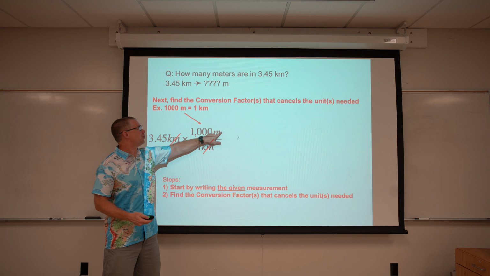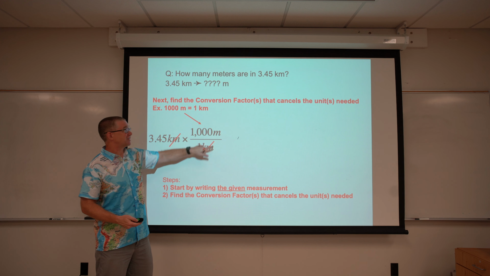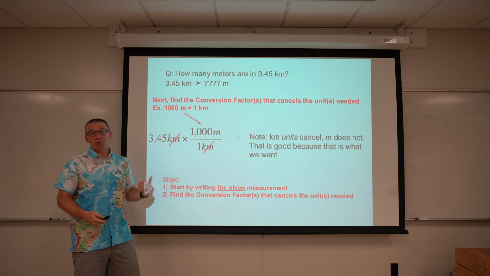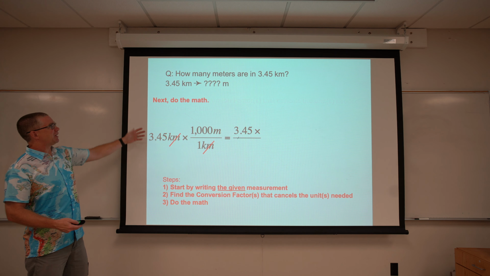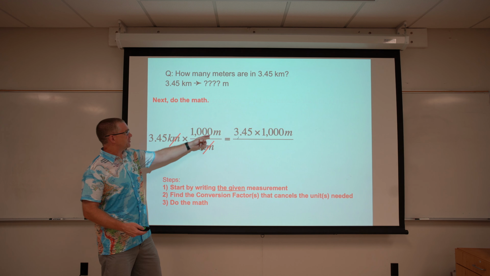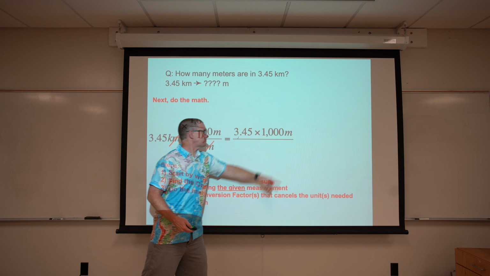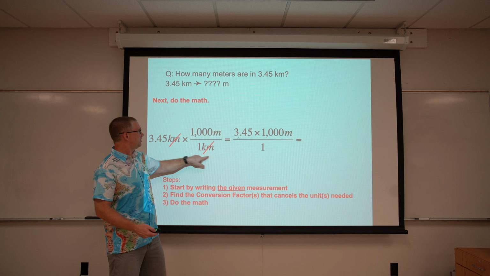So the only unit left is meters, and that's the unit that we want, because we want our answer in meters. So we do the math, 3.45 times 1,000. Our kilometers are gone, so the only unit we have left is meters, and then we have 1 on the bottom. So 3.45 times 1,000 divided by 1 is 3,450 meters.